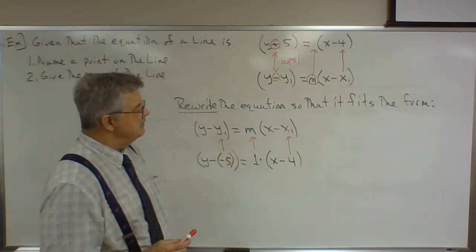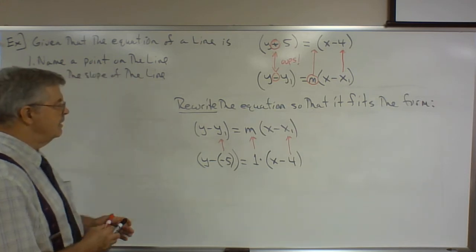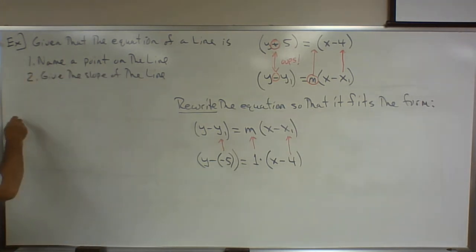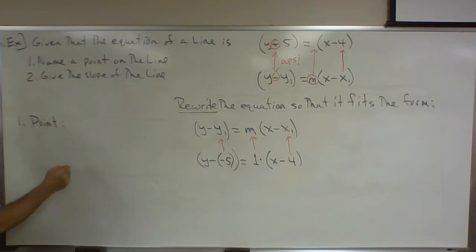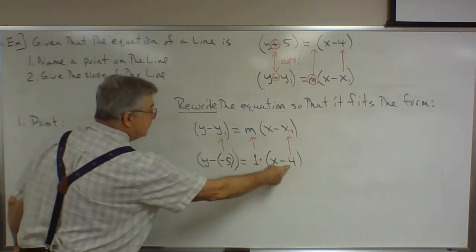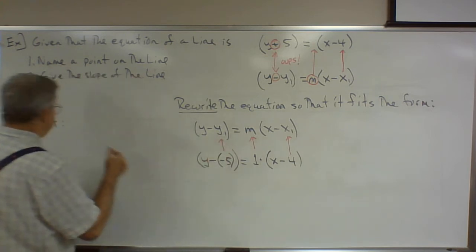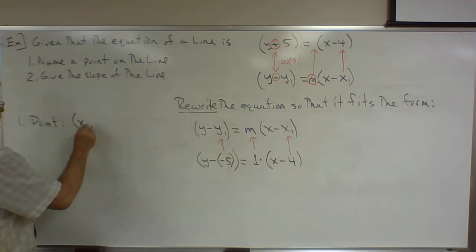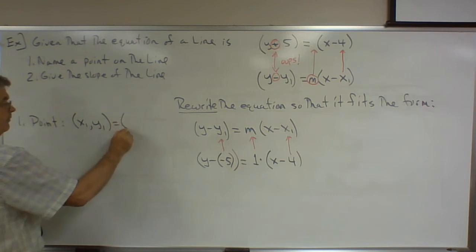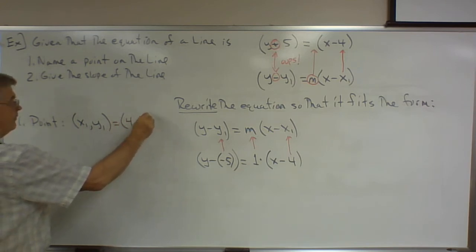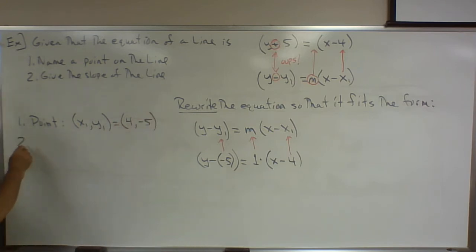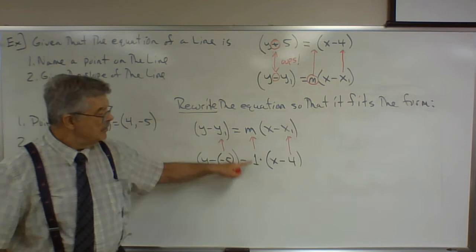This was kind of a tricky one. So a point on the line: x1 is 4, y1 is negative 5. And the slope, m equals 1.